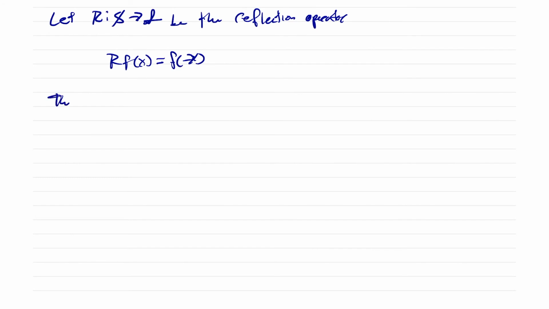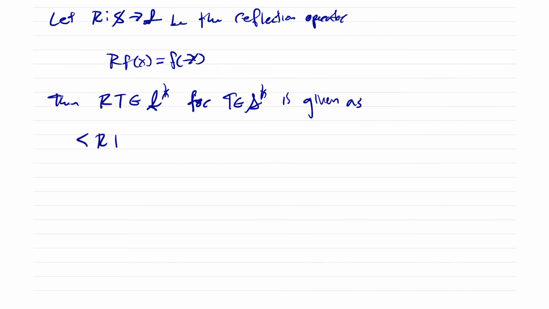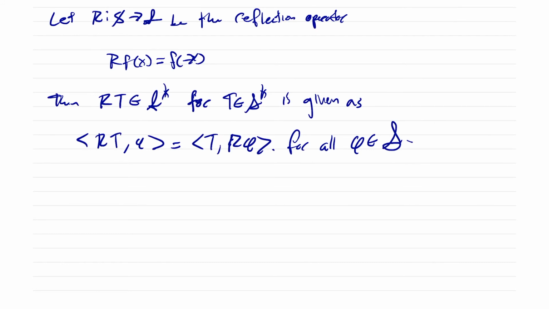Then we say that R of T, for T in S prime, a tempered distribution, is given as R of T acting on phi equals T of R of phi, for all phi in S. And so again, we're defining all of these operations on our distributions by doing something to our Schwartz space function first, right?